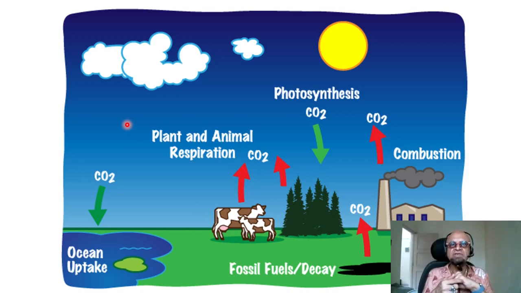Obviously, every time you do a cycle, you want to have some sense of how long things stay in the tank or the storage. Remember, we talked about storage of water and flow of water. Similarly, you have storage of carbon or CO2 and flow of CO2.